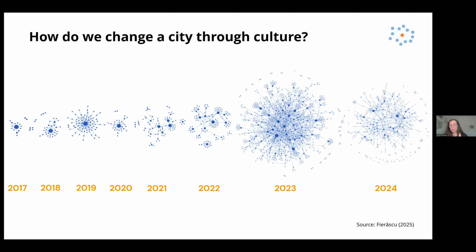Now, the 2021-2022 new hubs that arrived were organizations that have had a long history in Timișoara and that formed the backbone for 2023. They mobilized a lot of the partnerships that happened in 2023.